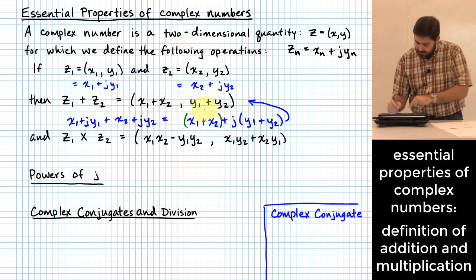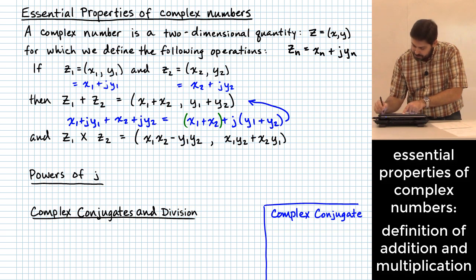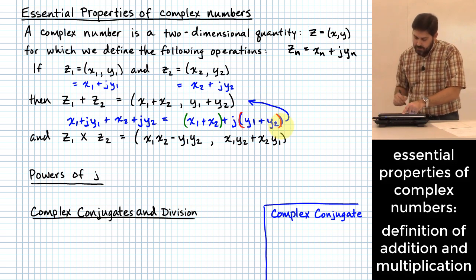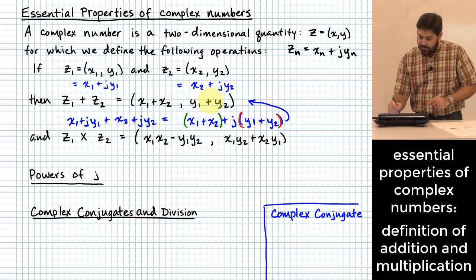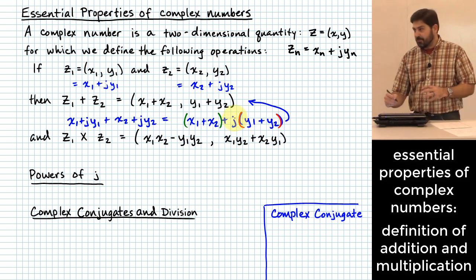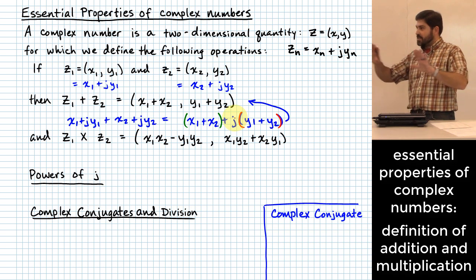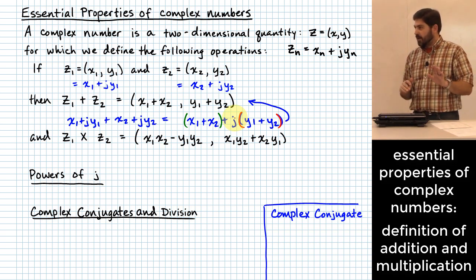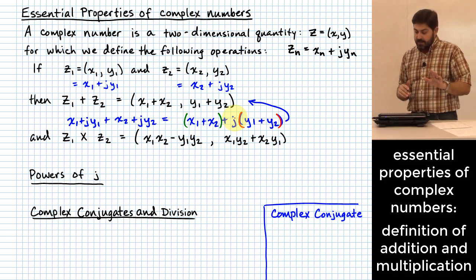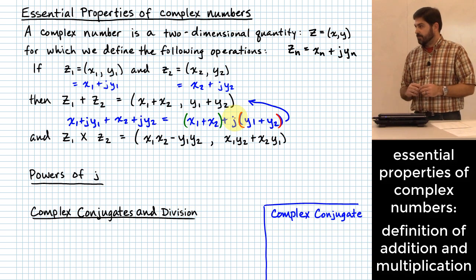And then we have the sum of the second pair of numbers here, right? And that's what we would have in that second piece. We just happen to be representing it now in the form of j times that so that it stays distinct from the other portion, right? So I look at that and say it looks like the way we would expect these numbers to work. It looks like they really do work that way with respect to addition.